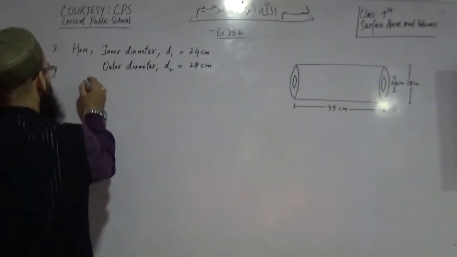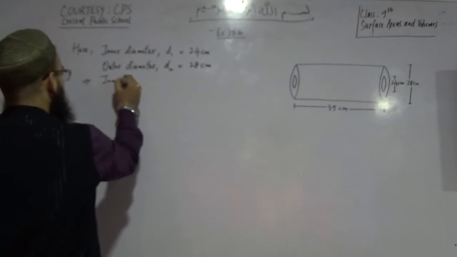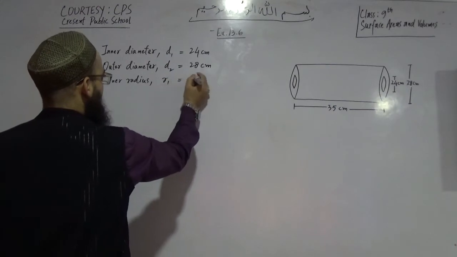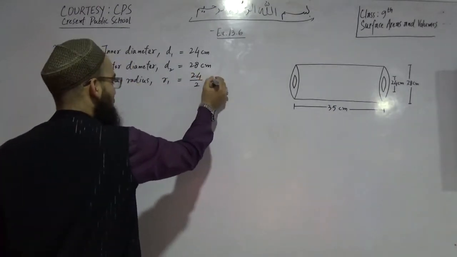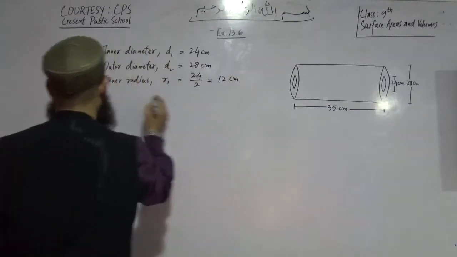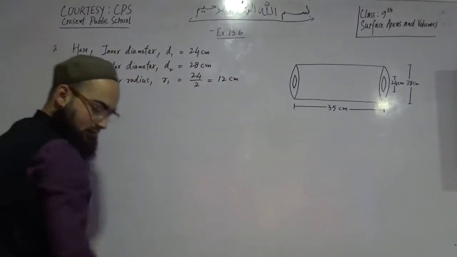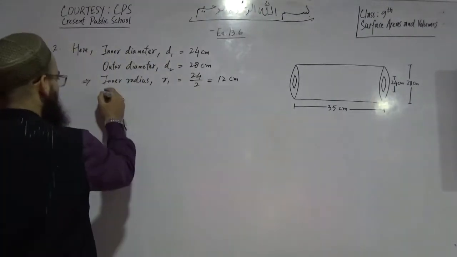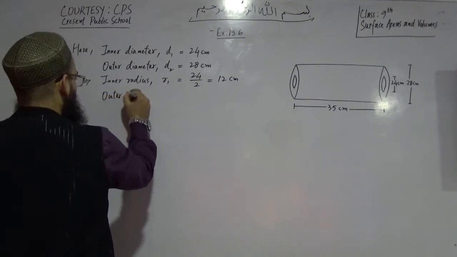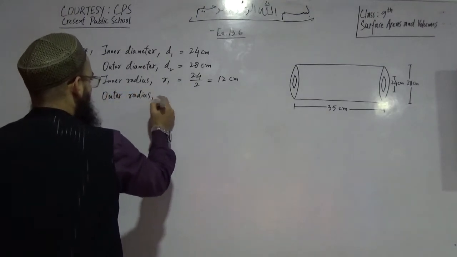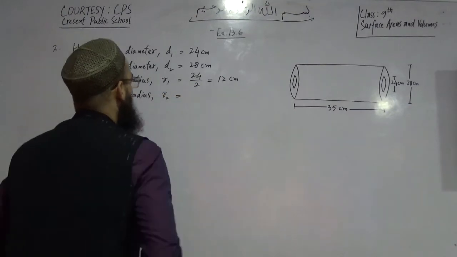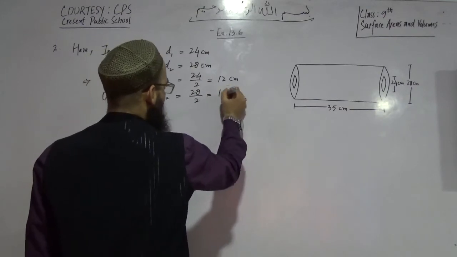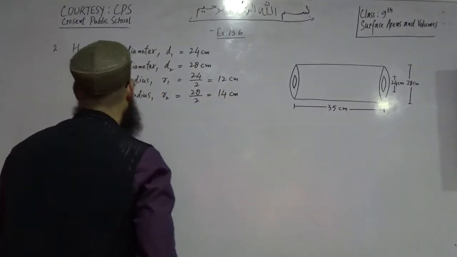which implies that inner radius, let us say R1, is 24 divided by 2, and that will give you 12 centimeter. Then outer radius R2 is equal to 28 divided by 2, and that is 14 centimeter.